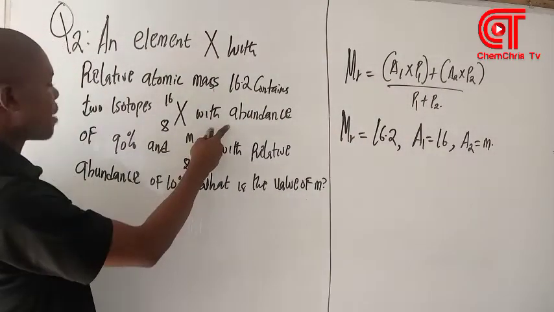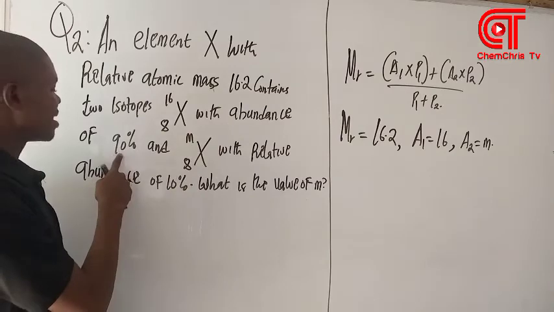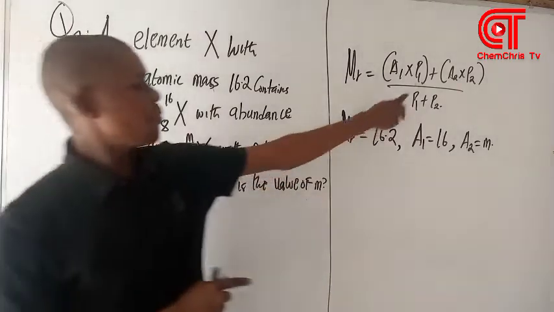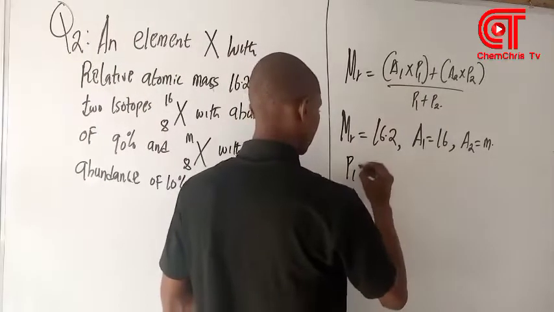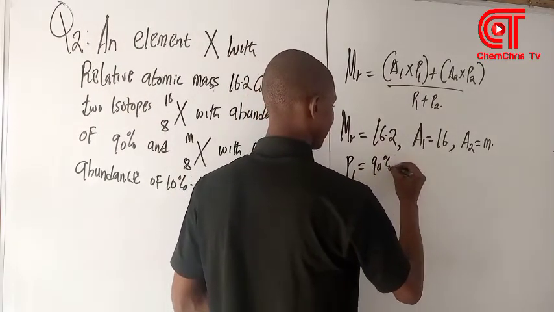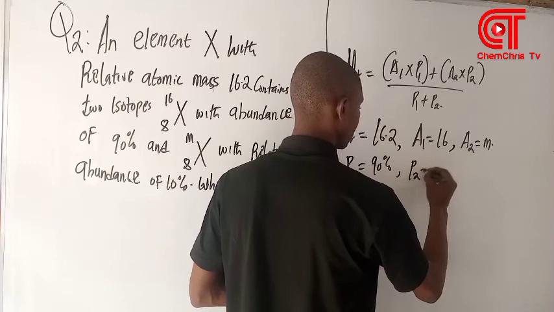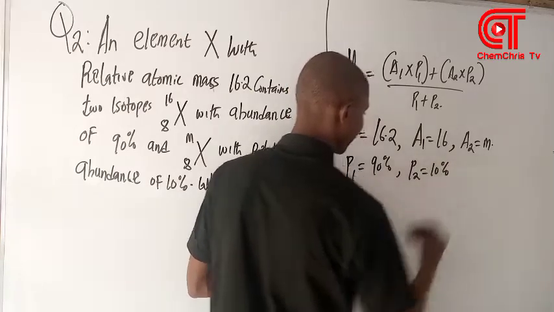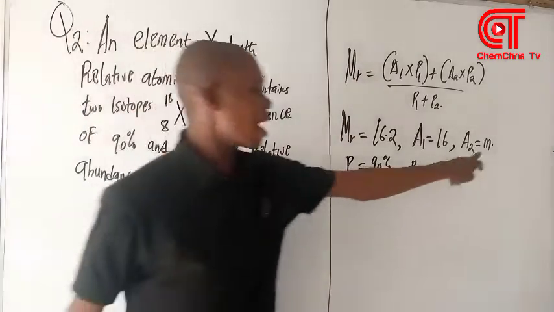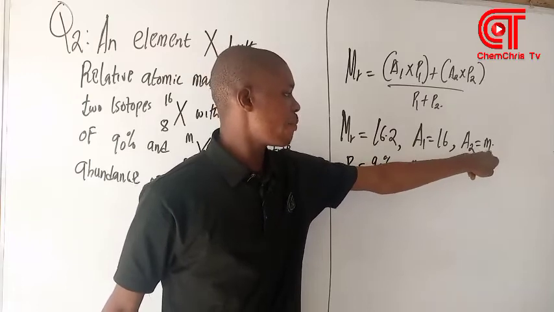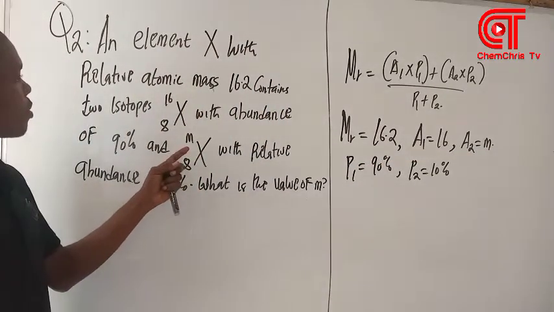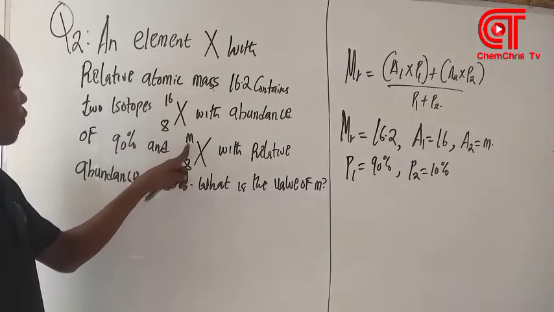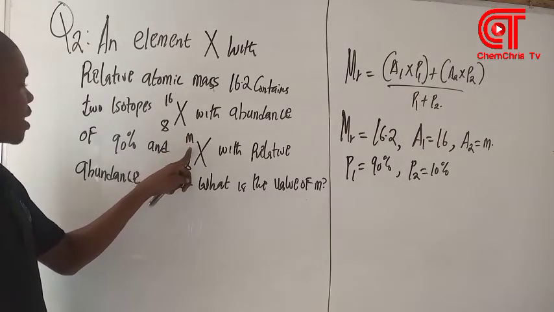Then my percent abundance of my first isotope is 90%, so P1 equals 90%. Then P2 equals 10%. So what I actually calculate is my M, the atomic mass unit of this second isotope.